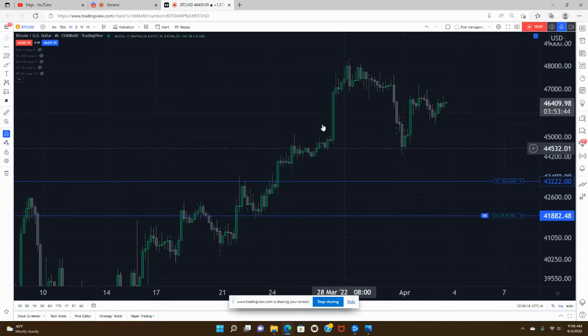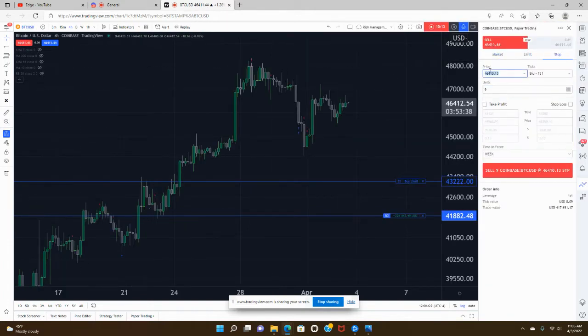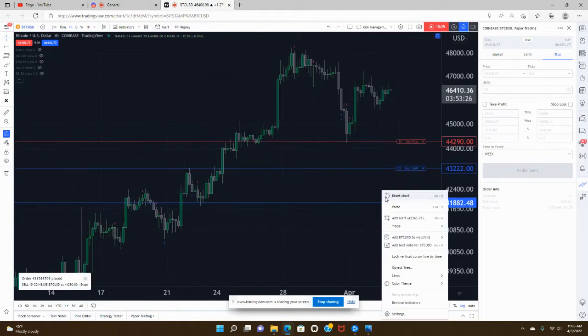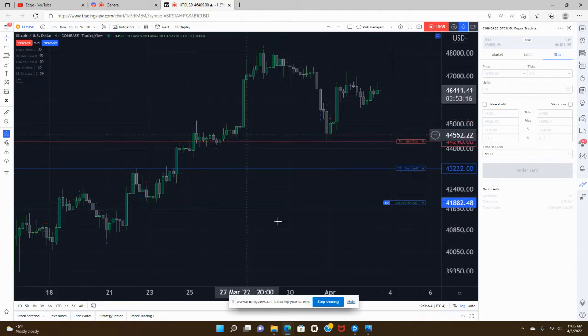So we have this 44290 level on Coinbase, and again, I'm not picking an area in the market where I'm expecting to take all of the risk off. The idea is that I'm just managing a portion of risk so that if there is a stop run there, I still have a position on the table.